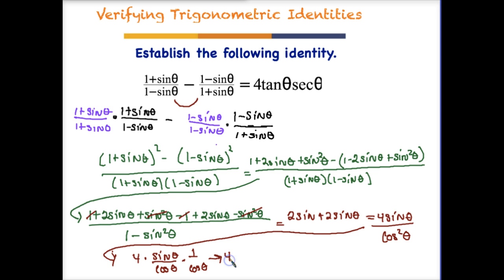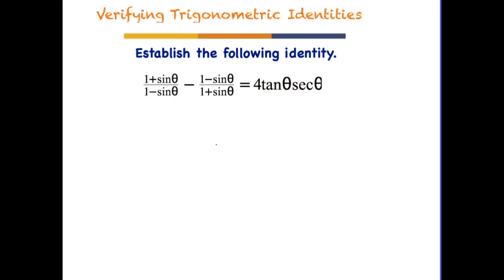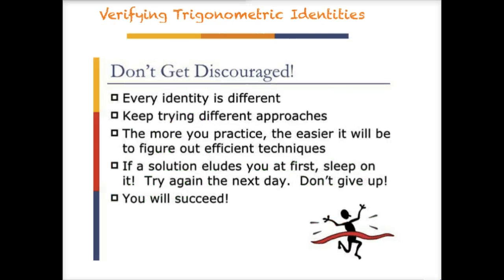We can replace sine over cosine with tangent, and we can replace 1 over cosine with secant. And now, in fact, if you'll notice, we have proven this identity to be correct. We have verified it because this side, 4 tangent theta secant theta, is now equal to our left side, 4 tangent theta secant theta. And that concludes our lesson today on verifying trigonometric identities.